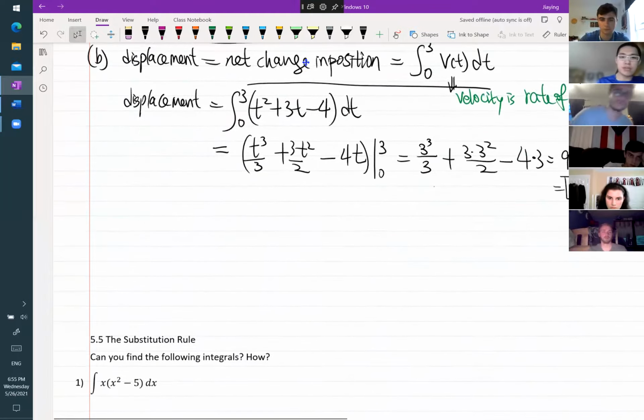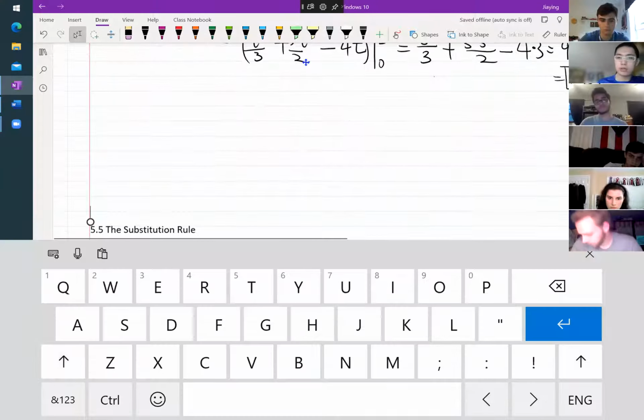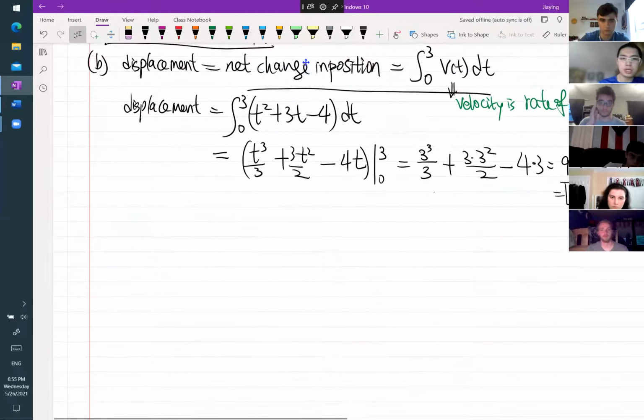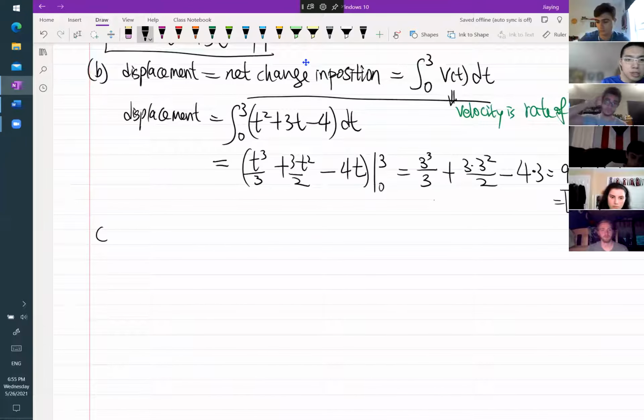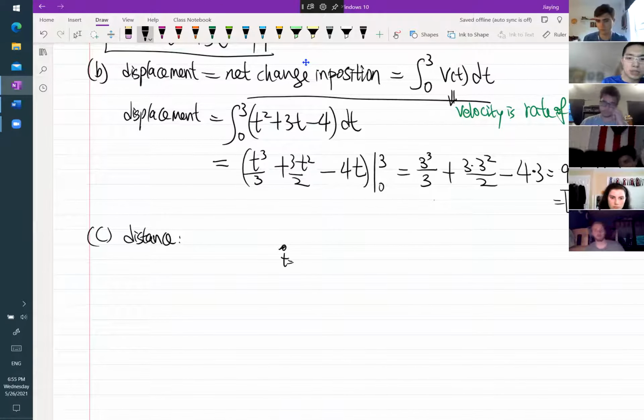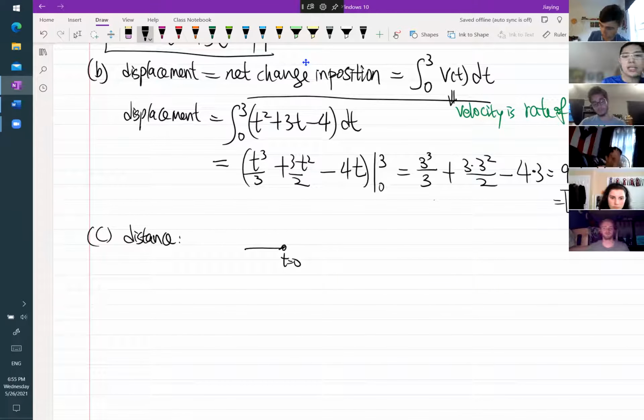So you have to consider how far it goes to the left and how far it goes to the right. So let me draw another diagram to find the total distance. Let me add more space here. So part C, to find distance, we have to include all the distance. So perhaps the particle, at the beginning, t equals 0, goes left, and then it turns around to go right, and then it stops here.